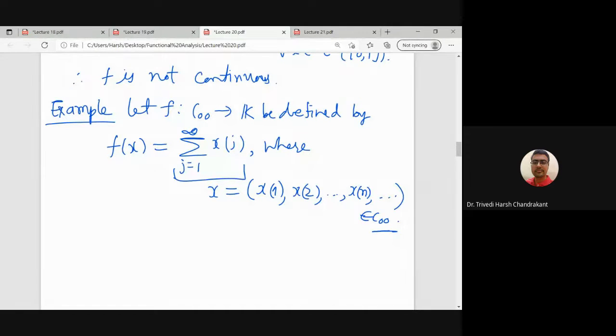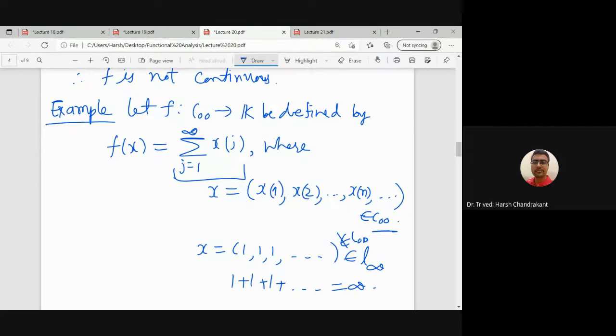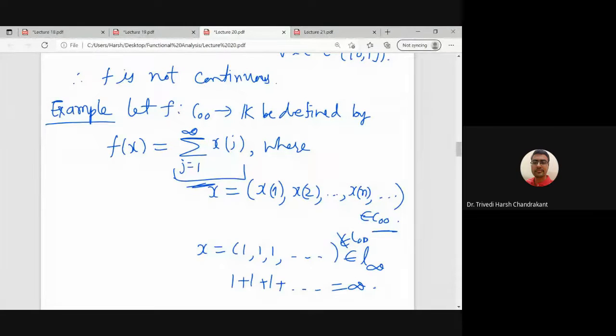For example, if we take x equal to 1, 1, 1, and so on, it is an element of L infinity, but it does not belong to C00, because this sequence has infinitely many terms which are non-zero. And when we add these coordinates, it becomes 1 plus 1 plus 1, and so on. So the sum is infinite, so it is not convergent. Therefore, we are not taking elements from L infinity. We are taking elements from C00. So this series is always convergent.